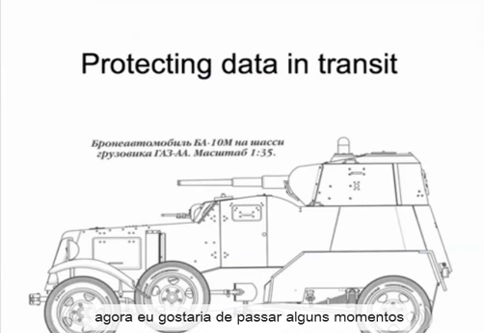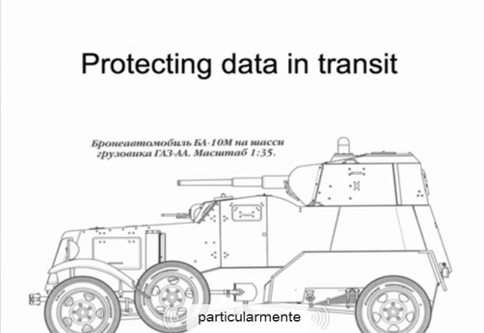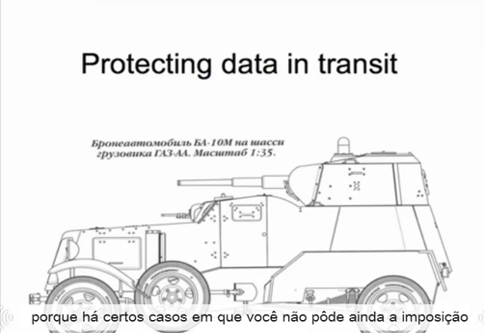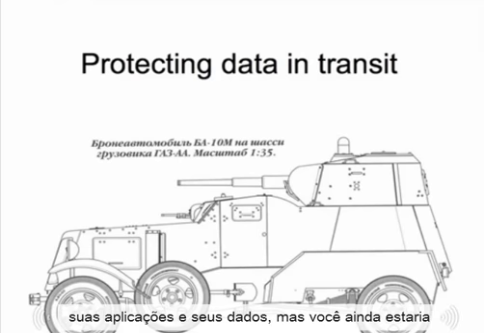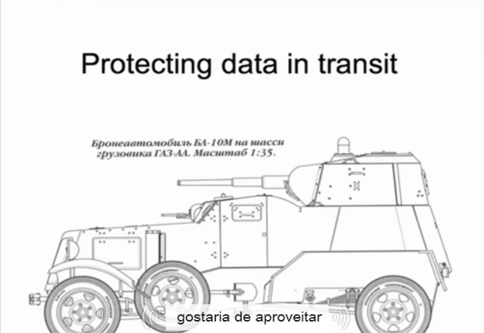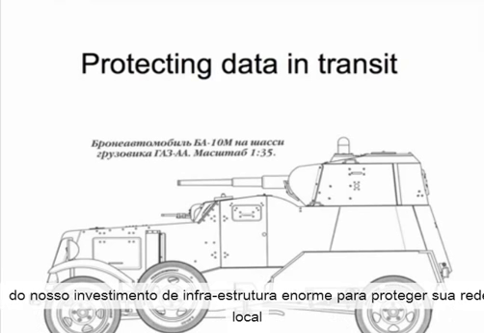Now I'd like to spend a few moments talking about protecting data in transit, particularly because there are certain instances where you might not yet be in a position to have Google host your applications and your information, but you would still like to take advantage of our massive infrastructure investment to protect your local networks.